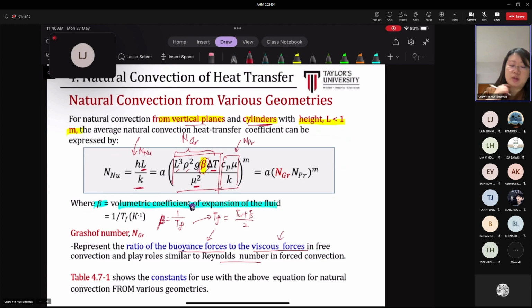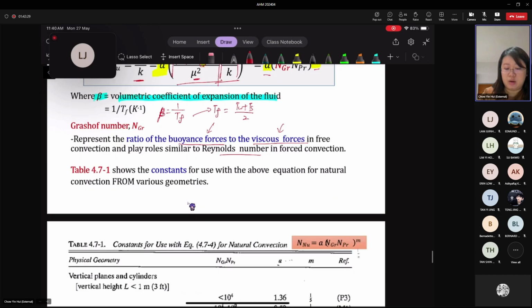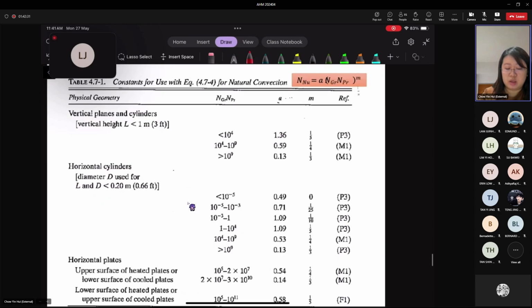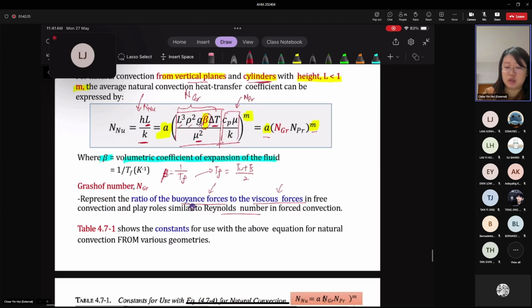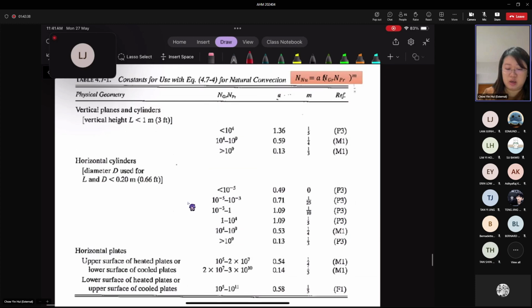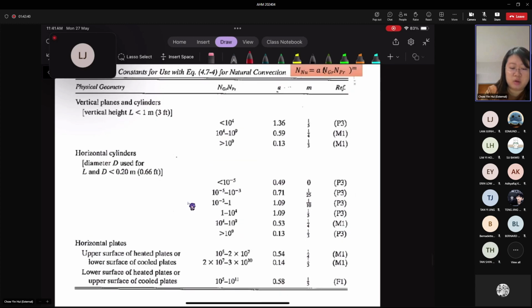Now, you have the unknown coefficient A and the power M here. How do we know what values to use for A and M? You refer to Table 4.7 for the constants you can use for this equation, depending on whether you are dealing with vertical planes and cylinders, horizontal cylinders, or horizontal plates.